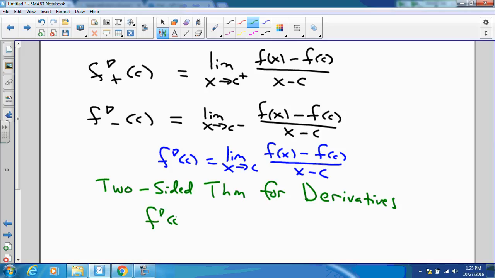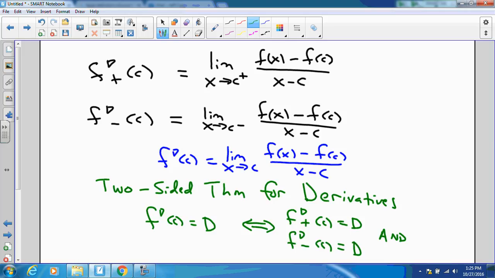Which is that f prime of C is equal to some value d, if and only if f prime on the right is equal to d, and f prime on the left is also equal to d. So those were our sided derivatives, the left side here and the right side up here.